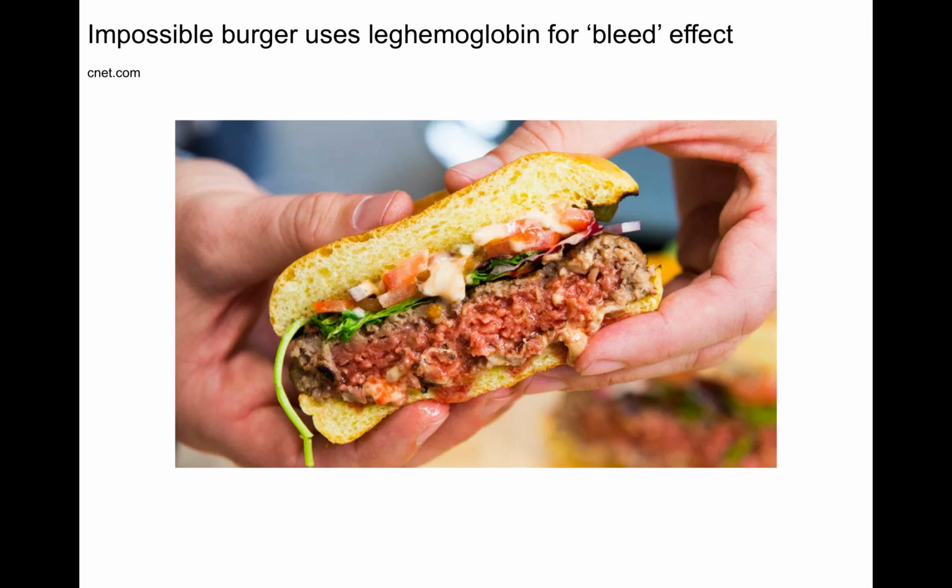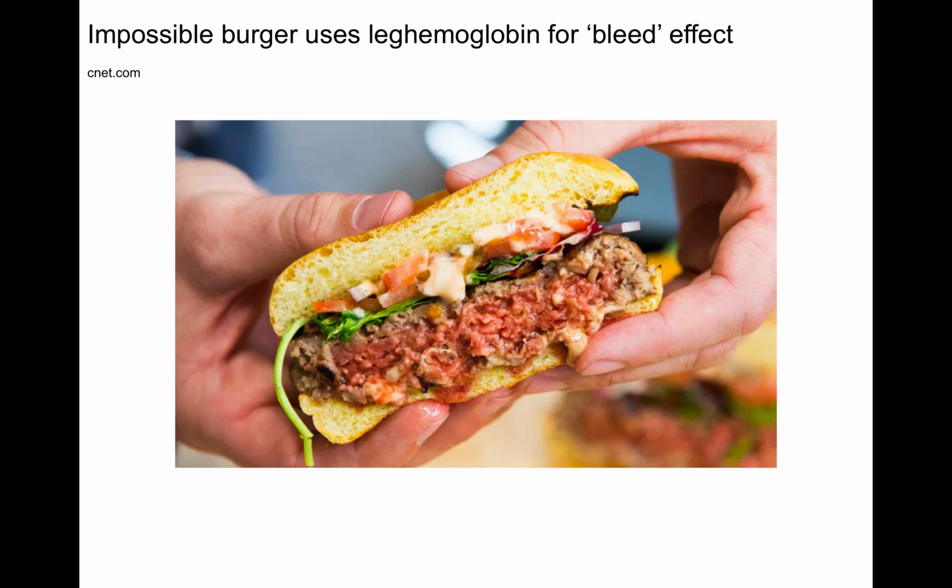And these are using hemoglobins, usually from peas, to give the appearance of meat as if it is bleeding, but that's just hemoglobin from plants.